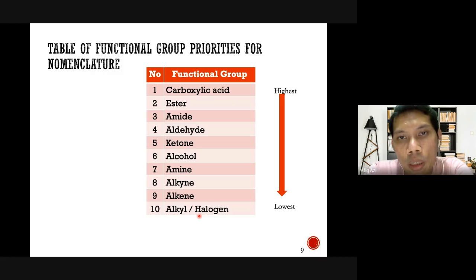If that compound contains the functional group of carboxylic acid, maybe you have ketone, alcohol, carboxylic acid will take priority, meaning that the parent name will be carboxylic acid. The first is always carboxylic acid at the top, whereas the least priority will be normal alkyl or alkane, or in fact the halogen that is attached, like haloalkane.